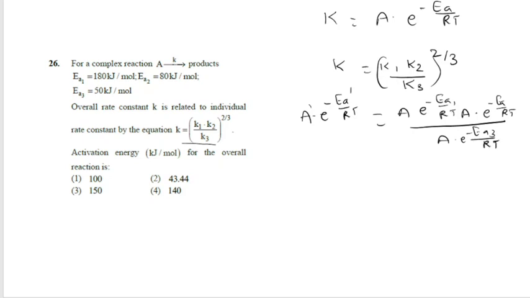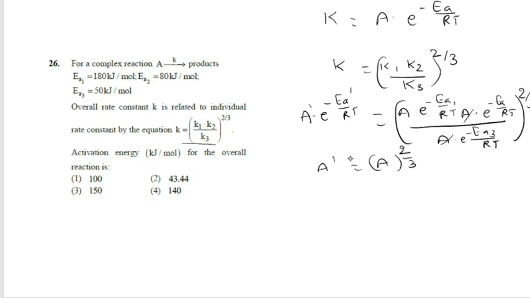Now let's apply the natural logarithm on both sides, but before that let's take that A power 2 by 3 common. After cancelling one A by A and A, here A dash is nothing but A power 2 by 3, right?